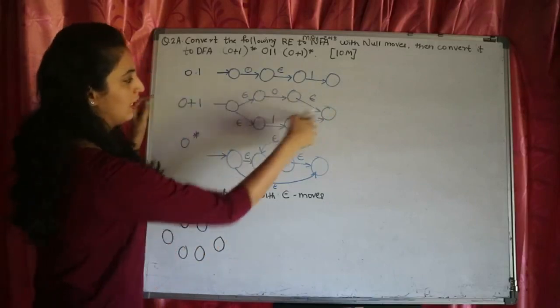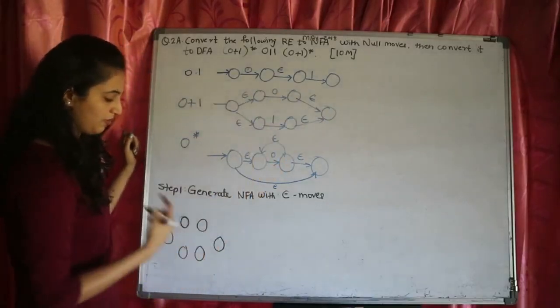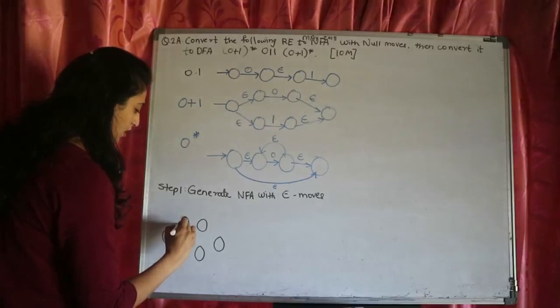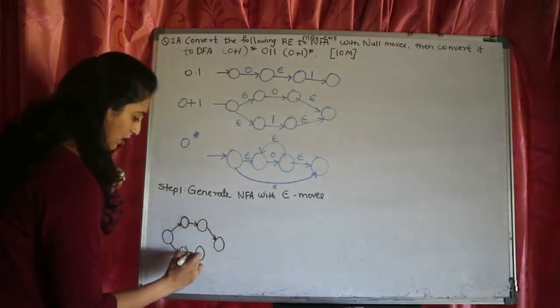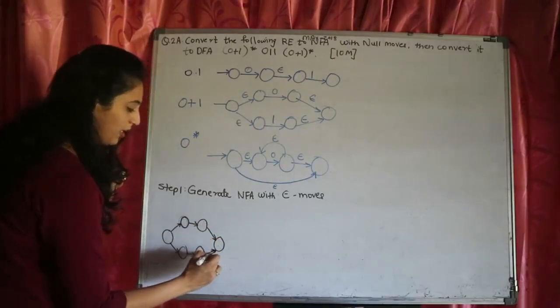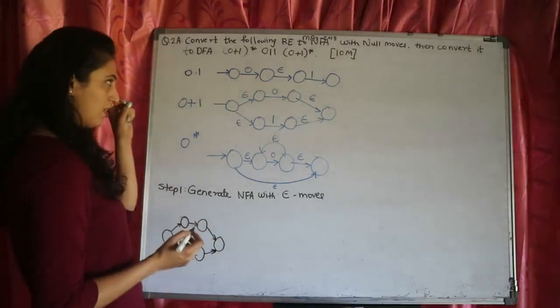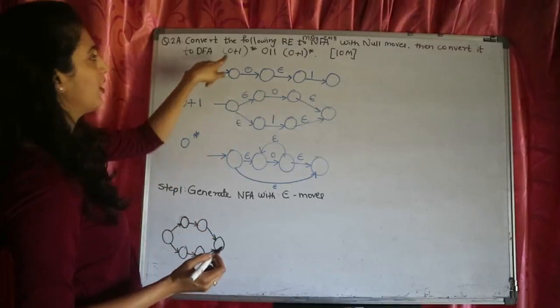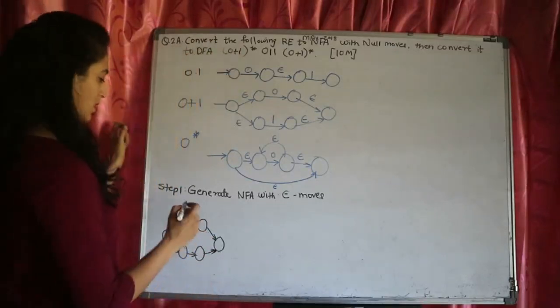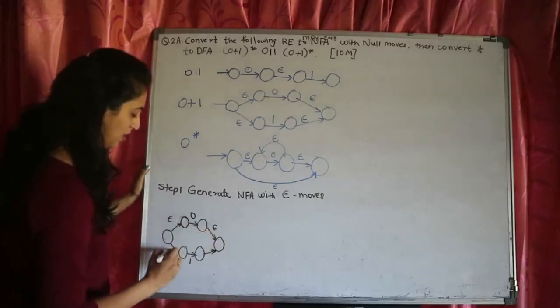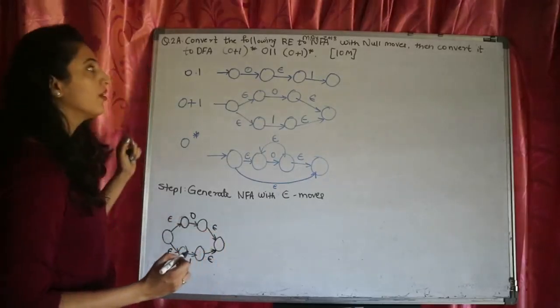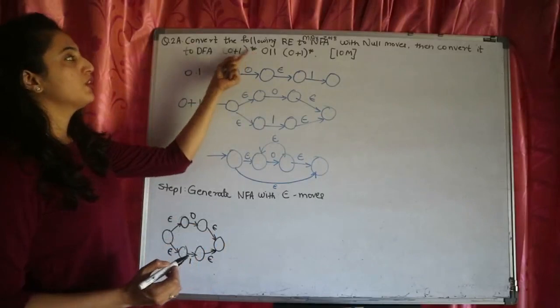ORing needs this many circles. Now I have connected all the states. What are the values I need to put? It is 0+1 here, and in our case also it is 0+1, so I'll give the same values: first is 0, second is 1, and the others are epsilon. Now we want to do the closure of the whole thing.